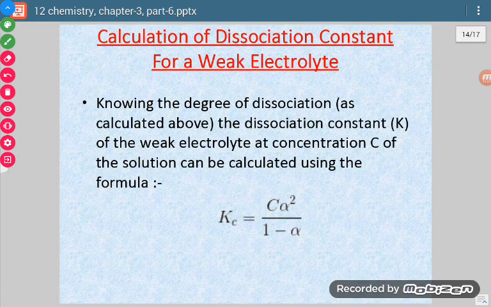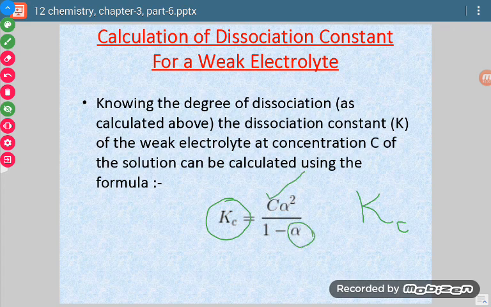Now third, calculation of dissociation constant. Dissociation constant or equilibrium constant, one and the same thing, don't confuse in this. Here Kc means equilibrium constant or dissociation constant when concentrations are considered. Kc and Kp you have done in 11th standard. So Kc is equal to C alpha square over 1 minus alpha, where C is the concentration and alpha is the degree of ionization or degree of dissociation.